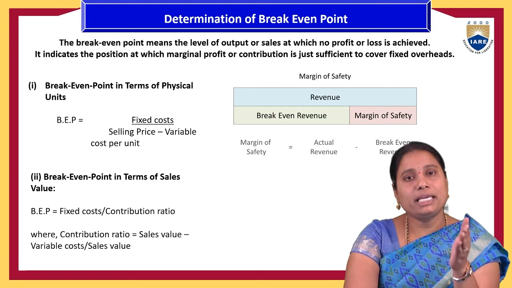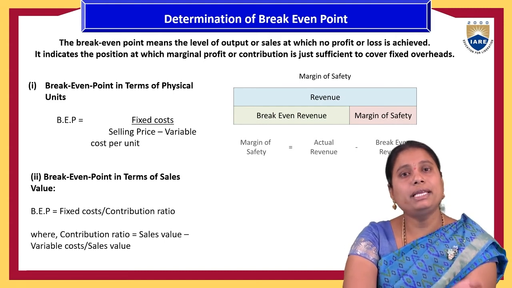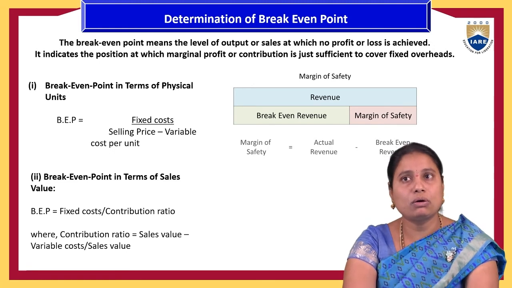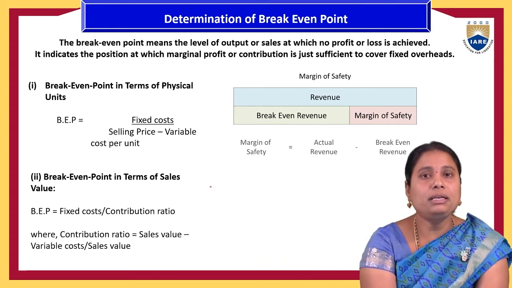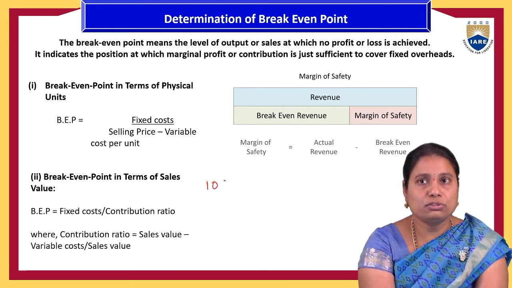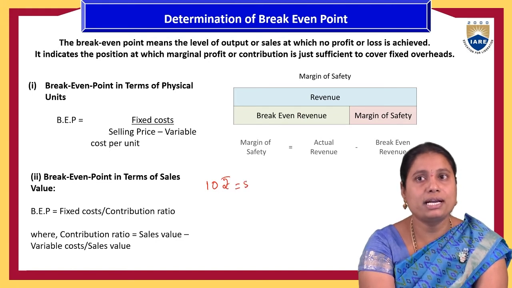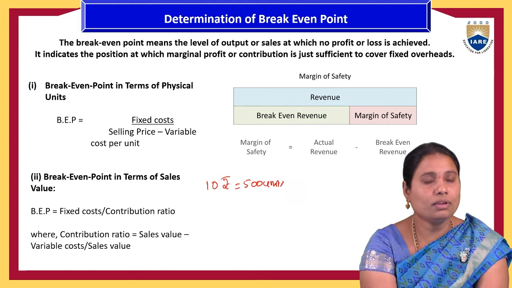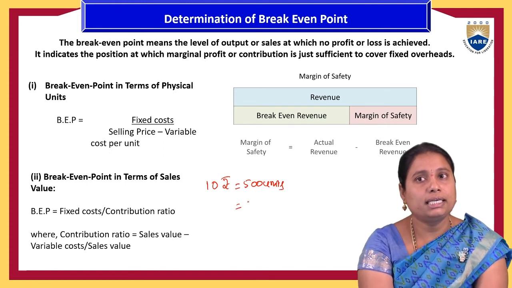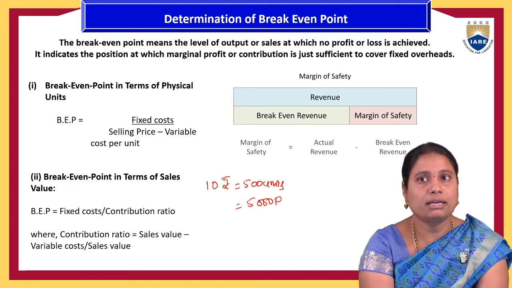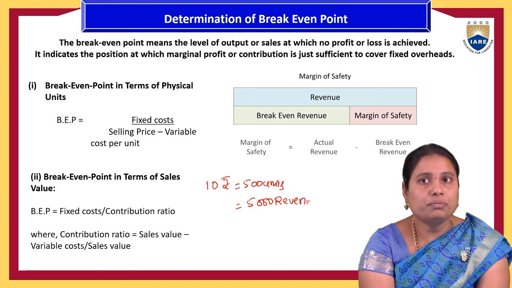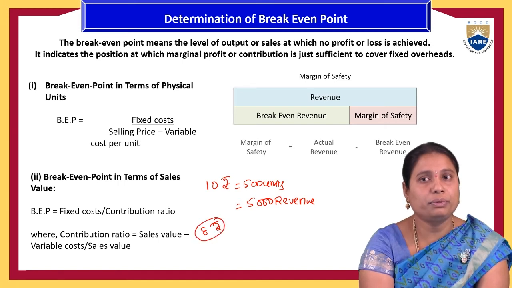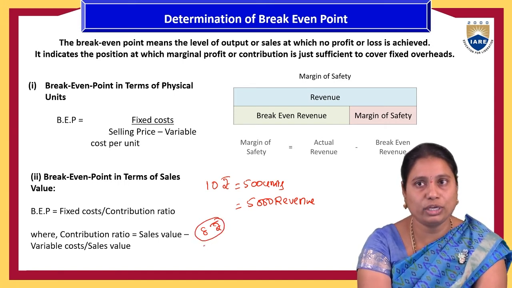Then apart from the break-even point, the remaining benefit gained by the producer is called the margin of safety. Margin of safety. For example, if a producer is selling each unit at a price of 10 rupees and he has sold 500 units, he gains 5,000 rupees of revenue, out of which each unit's cost of expenditure for the product is 8 rupees, including both fixed cost as well as variable cost.